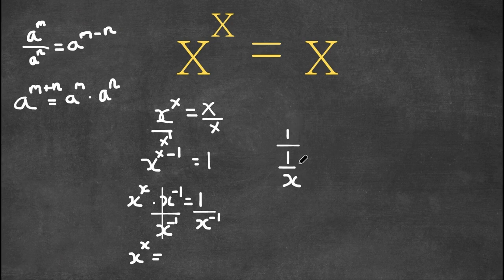And 1 over x is simply equal to x. So 1 over x to the power of negative 1 is simply just x. So now we get x to the power of x is equal to x.